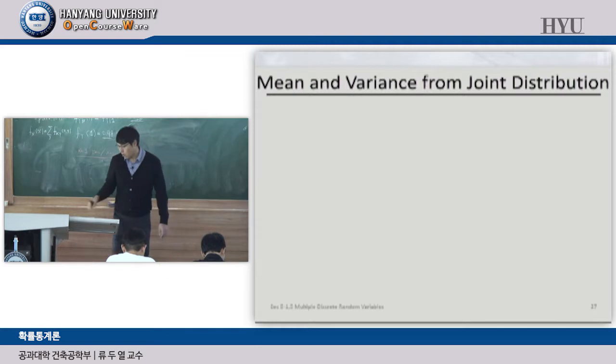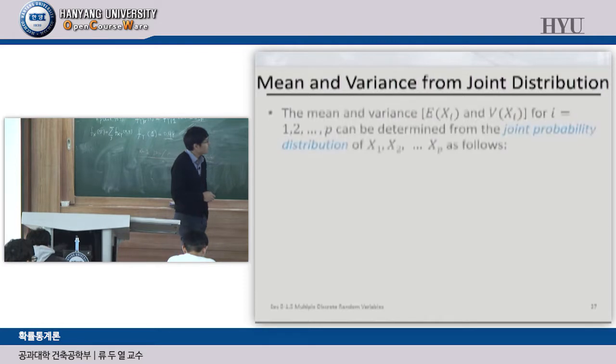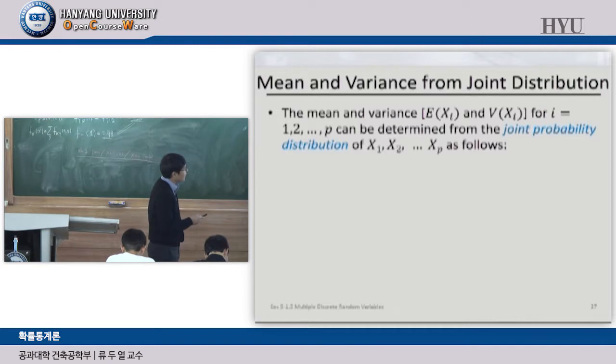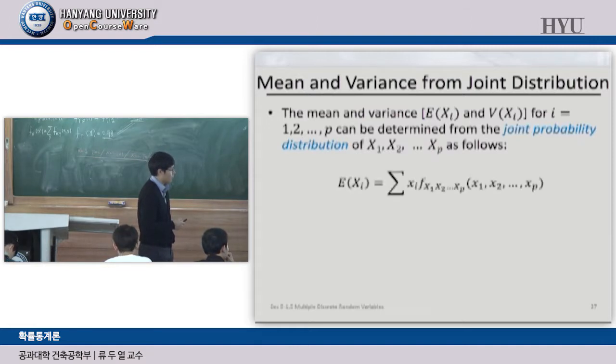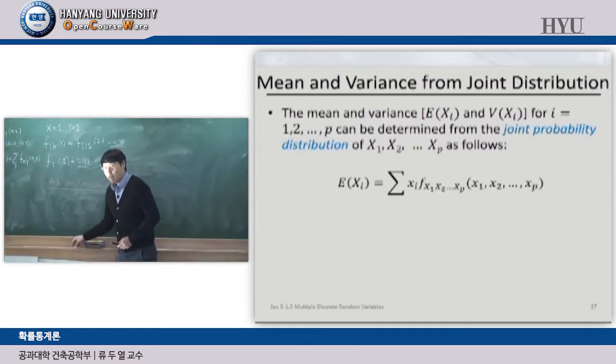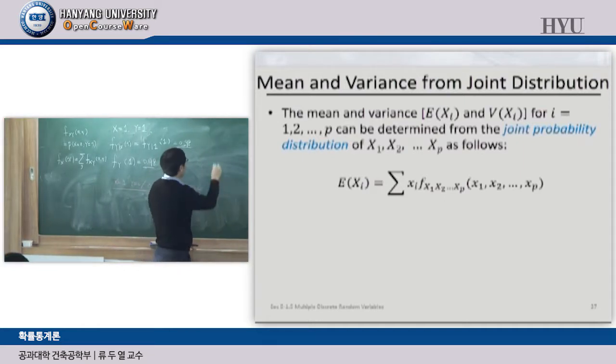So, what about the mean and variance for the case of the multiple random variables? The mean and variance, which are called E(Xi) and V(Xi) for i equal to 1 to p, can be determined from the joint probability distribution of x1, x2, and xp as follows. Okay? And in the case of the ordinary probability mass function, what was the mean?